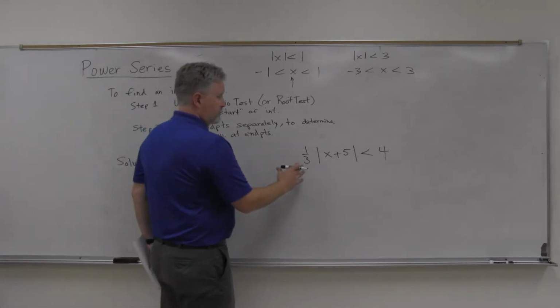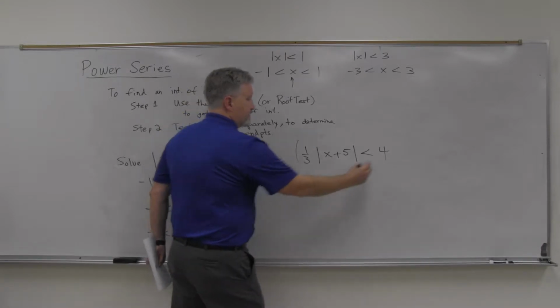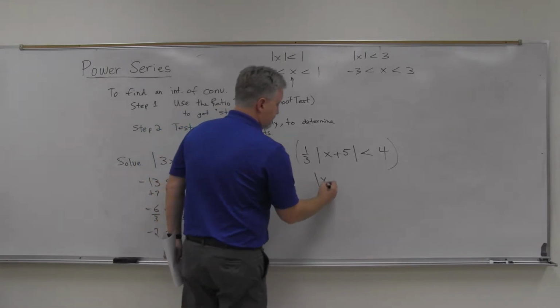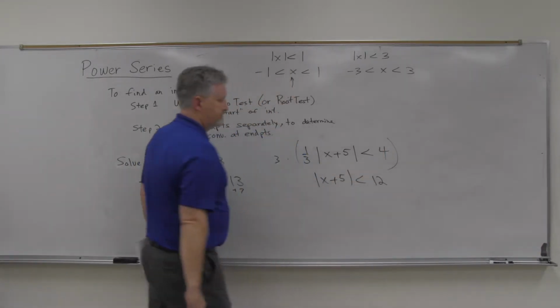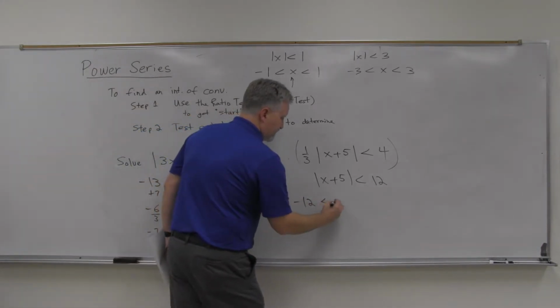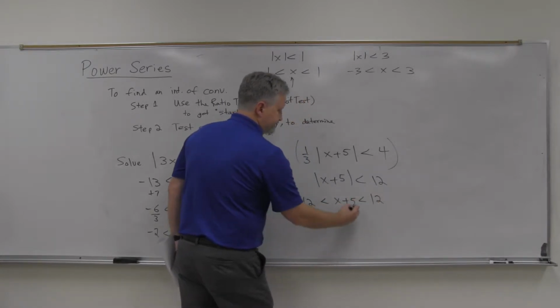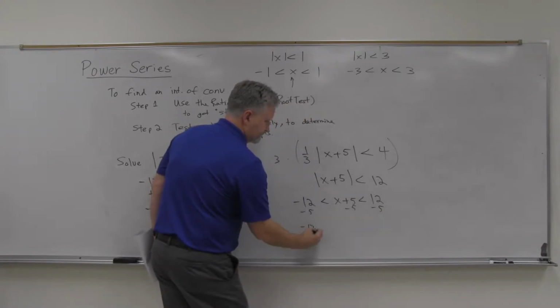Probably the easiest thing to do would be to first multiply by 3 to get rid of it, and then you'll have the absolute value of x plus 5 is less than 12. And then you can do your between negative 12 and positive 12 thing. Subtract 5. You got it.